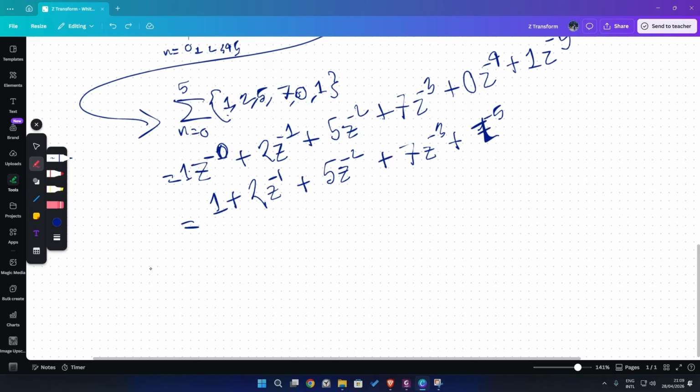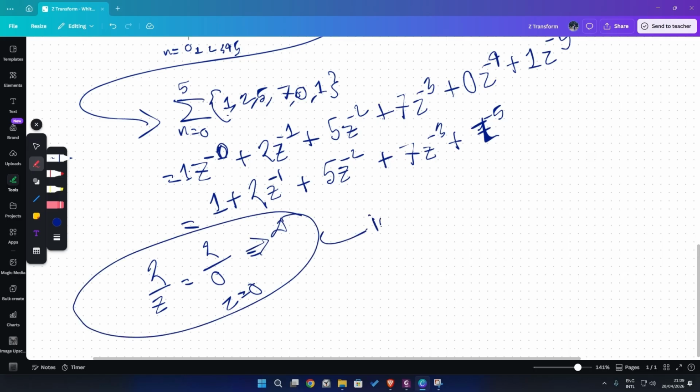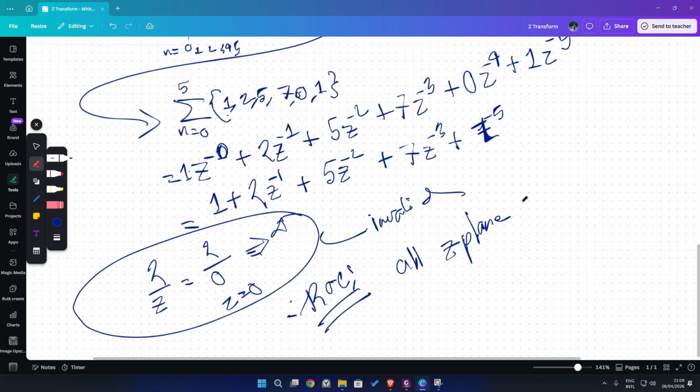If we take 2 by z, with z equal to 0, somehow we are getting infinity, which is invalid for this math. So the ROC will be simply all z plane except z equal to 0.